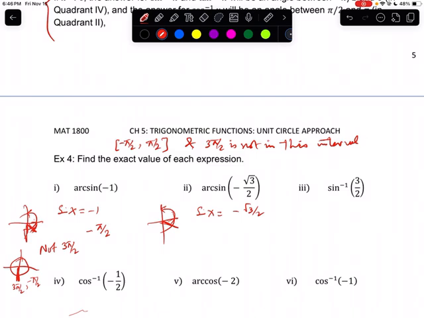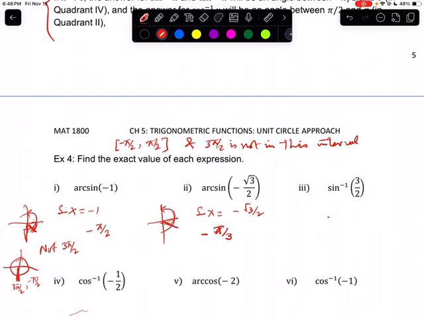But now what angle? This will be the pi over 3 one, but with a negative sign: negative pi over 3, because we are going to read it clockwise.